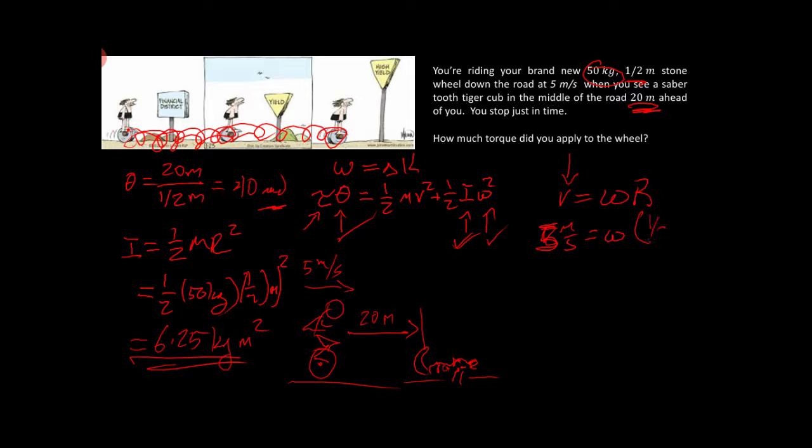Radius is 1/2 meters. Okay, so with 5 meters per second divided by 1/2, that's like 2 times 5, so that means omega is going to be equal to 10 inverse seconds. So we've got all of the things we need to go on.